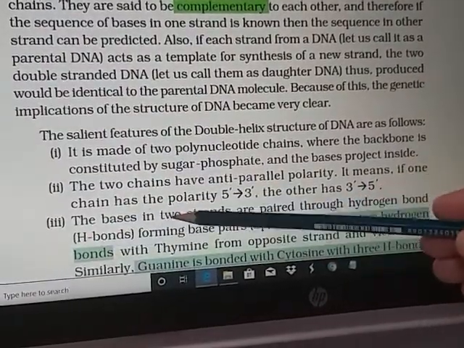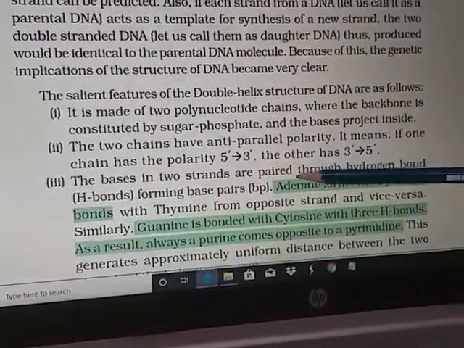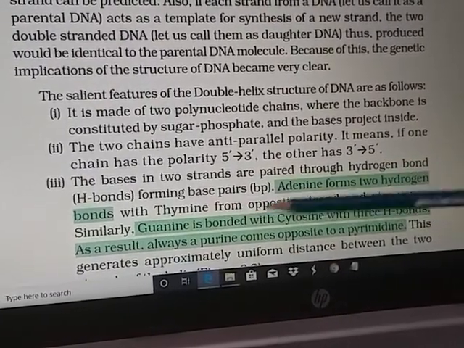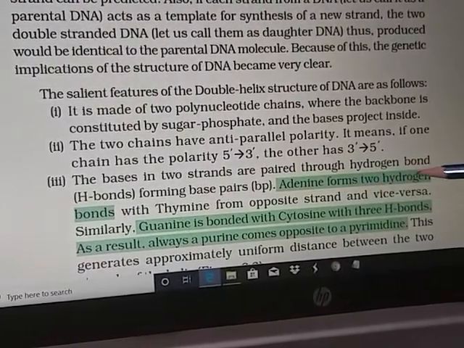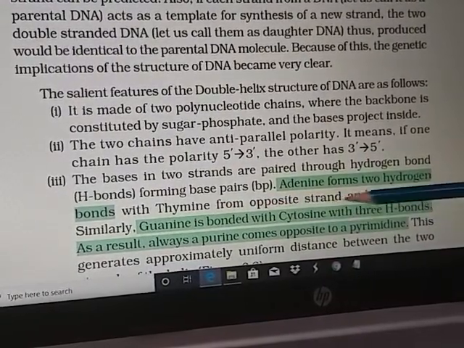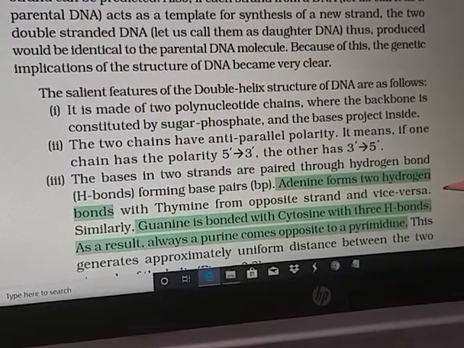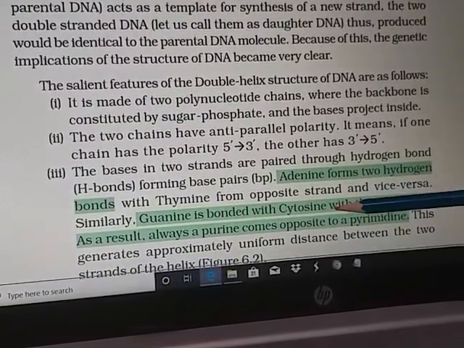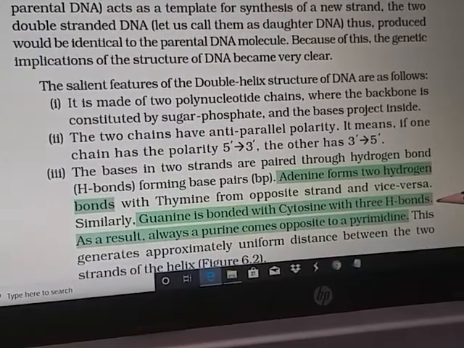Third point, the bases in the two strands are paired through hydrogen bonds. Adenine forms two hydrogen bonds with thymine from the opposite end and vice versa. Similarly, guanine is bonded with cytosine with three hydrogen bonds.